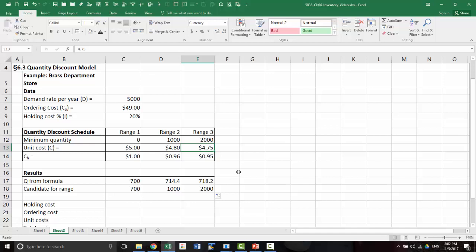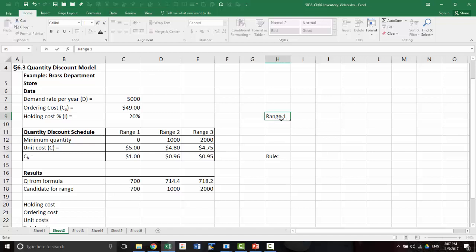Q from the formula. So here is how you should look at the rule for determining what the candidate order quantity value will be for each range. So first let's look at the ranges here.